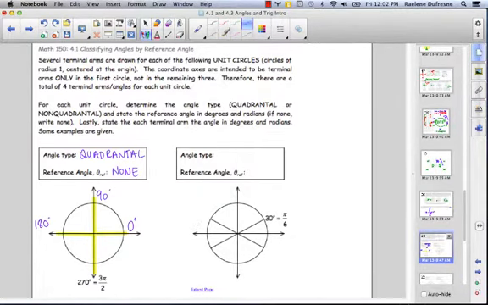The next angles that we are talking about are not the axis angles, but they are the green highlighted angles. And again, they are all the angles in a quadrant, so they are the non-quadrantal angles. And in this particular case, we can see that the measurement from the terminal arm to the nearest x-axis is a space of 30 degrees.